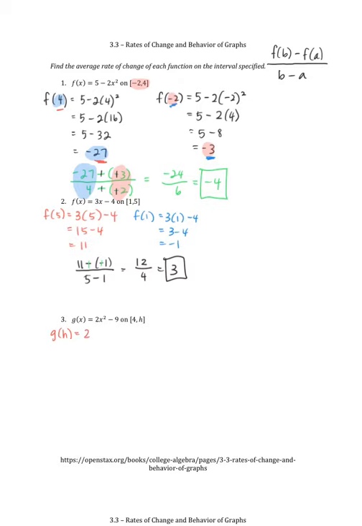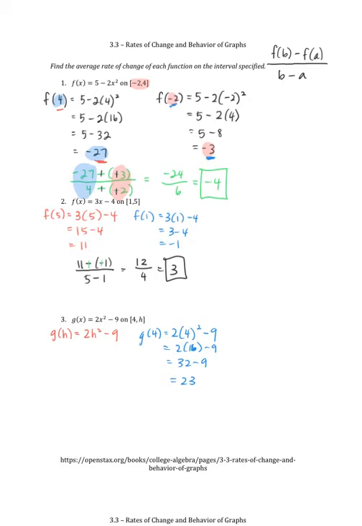That's going to be 2h squared minus 9. And now I'm going to find g of 4. So that's going to be 2 times 4 squared minus 9, which is 2 times 16 minus 9, which is 32 minus 9, which is 23.